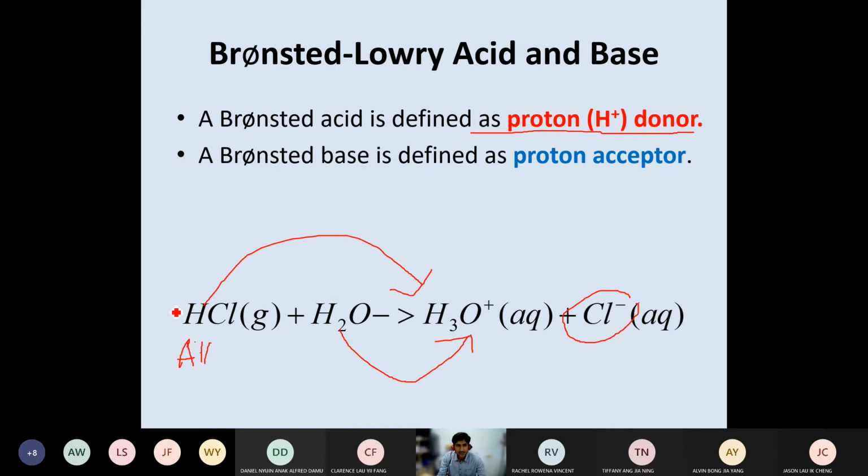That H comes out as it is, and this A comes out, A being chloride in this case. So sometimes we will be using this analogy of AH to show that it is an acid. Okay, so this is an acid because it is giving.